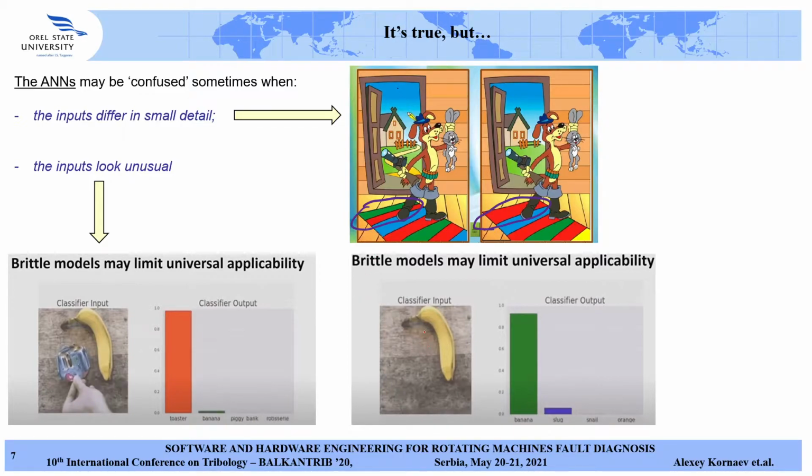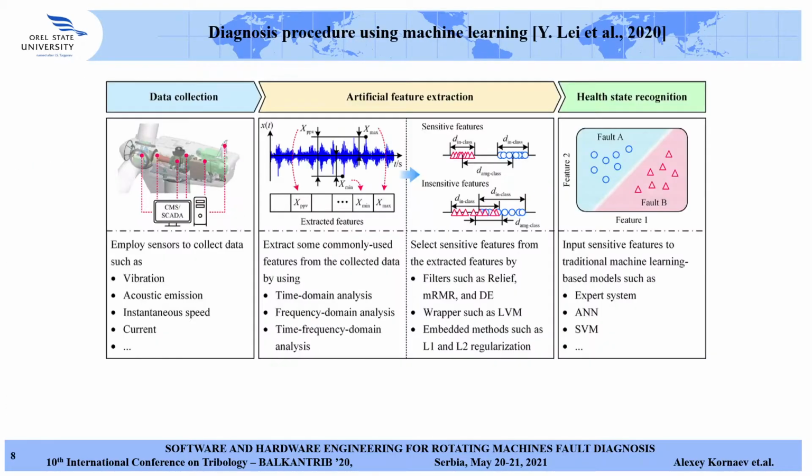Here you can see an example where the picture shows a banana, and the answer is absolutely correct: banana. But if one adds something new, an unusual element, to this picture, then the network may be absolutely wrong: toaster instead of banana. And we can see the same problem in diagnosis systems, and we try to solve it.